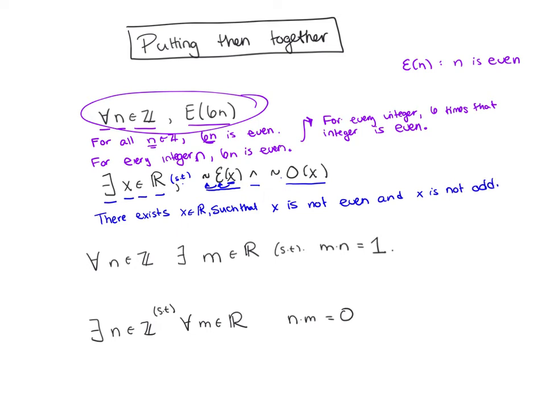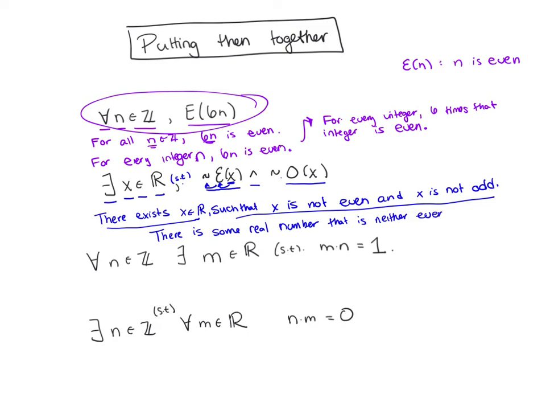So let's see if we can rewrite that a little bit better. There is some real number which is neither even nor odd. So that's another way I could write this. There is some real number that is neither even nor odd.